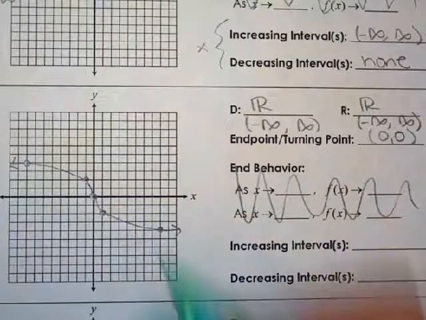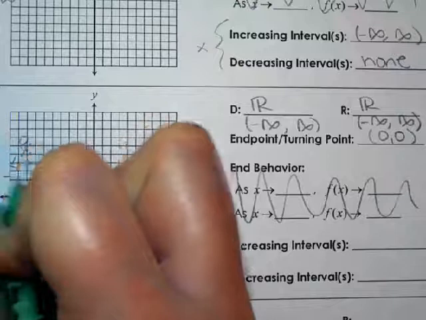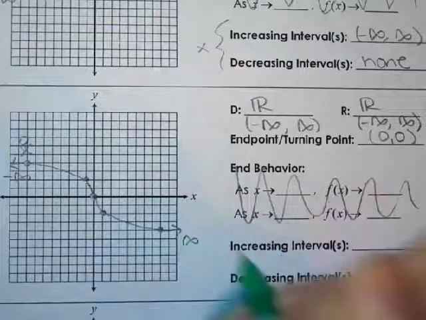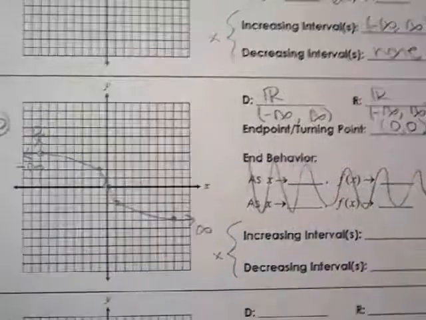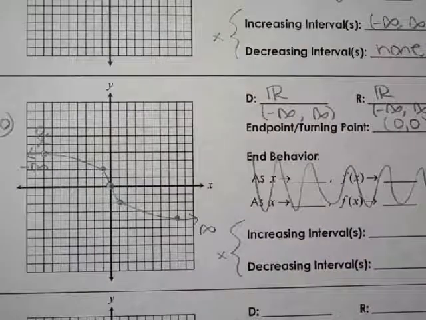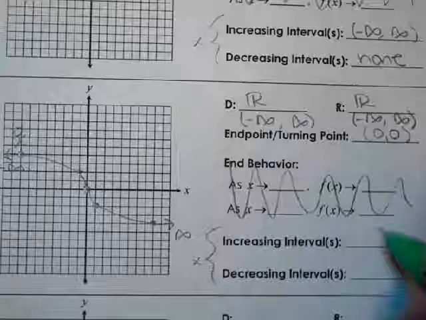Went ahead and put my stick figure on there. Put my infinities on there. What's my stick figure doing? Definitely going down. Decreasing negative infinity to infinity. For increasing intervals, I'm going to put none. All right. Put a little X through 13. We're not doing that one.